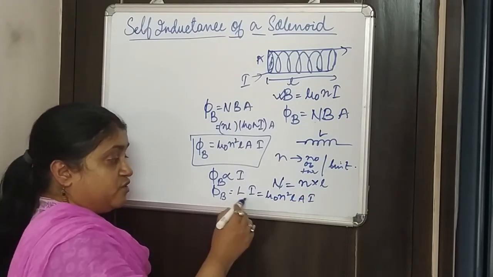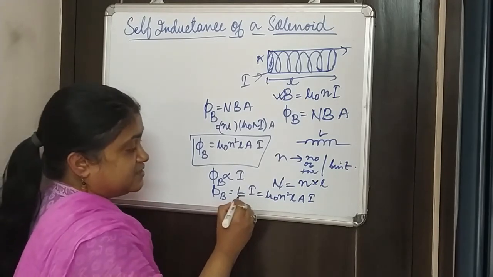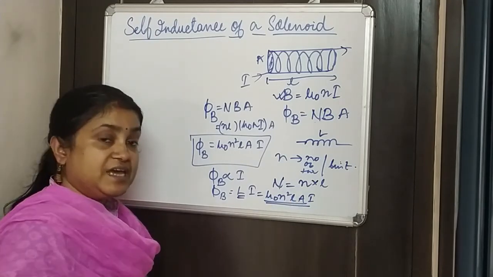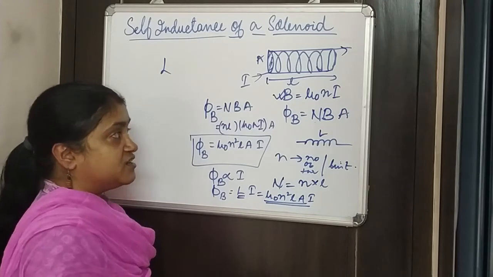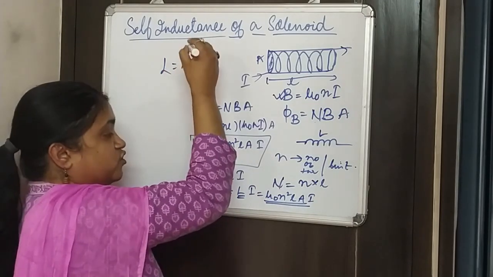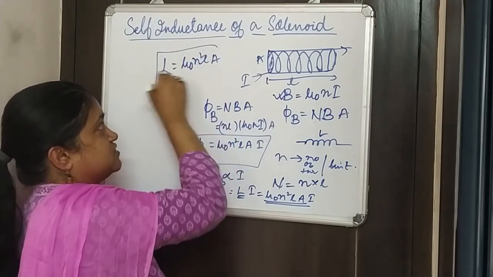So when we compare these two, we definitely get the value of L as mu naught n squared L times A. So the self-inductance for the solenoid is equal to mu naught n squared L A.